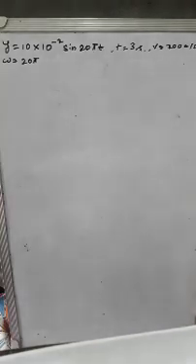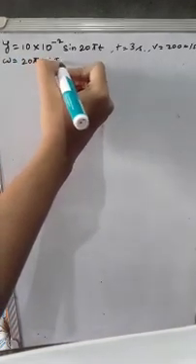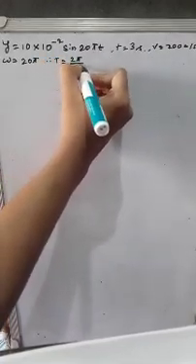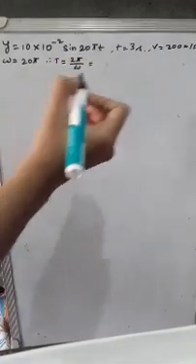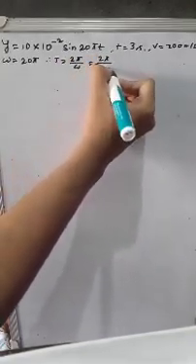So from this omega I can calculate what? The time period, big T. So T will be equal to 2 pi by omega, which is equal to 2 pi by 20 pi.